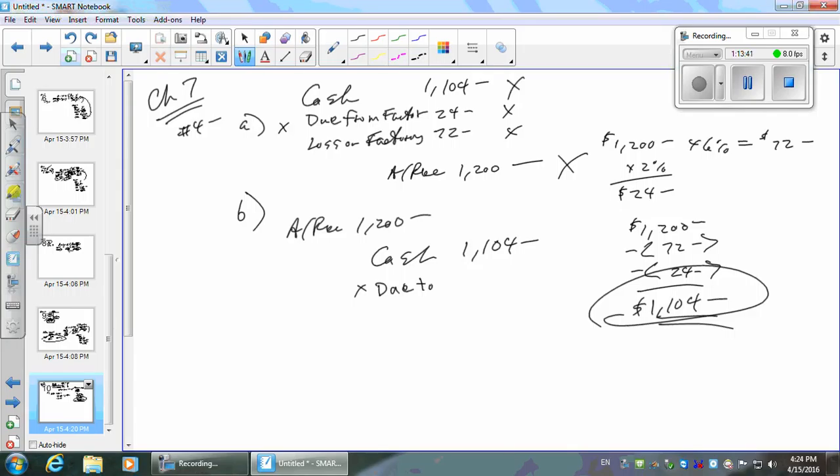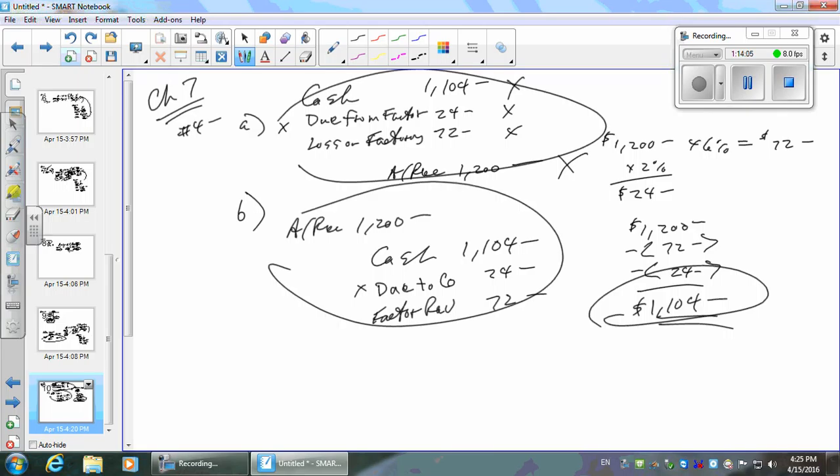Due to is a liability, right? Due to the company, whoever they are, Dexter, I think, 24,000. And then the loss is what to them? Factoring revenue, either factor revenue or financing revenue, if you want to call it that. I don't think they provided financing, so call it that if you want. Okay, got it? Do you see that this is just reversed on the other side of the deal? Of course. So once you got one, you got a maid, don't you?